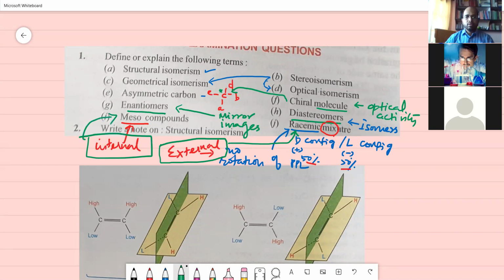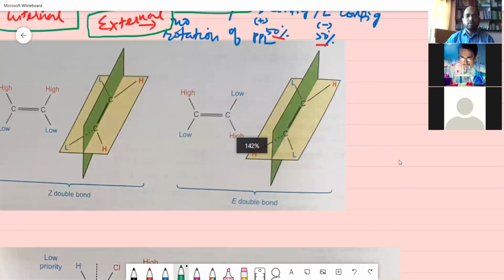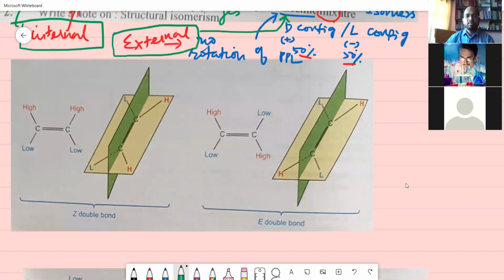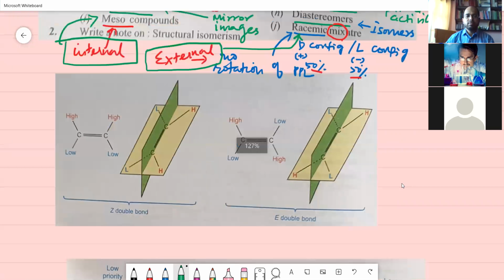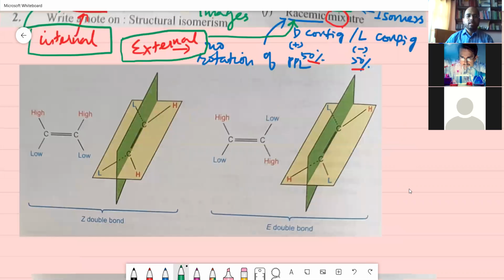Okay, so let me just go to the main thing that we have been here for, solving the problems. Here you can see we have seen the geometrical isomerism between the double bonded atoms. Here is the double bond.